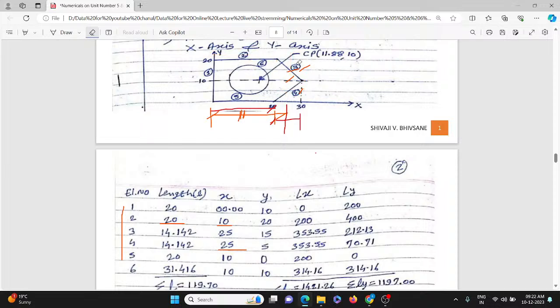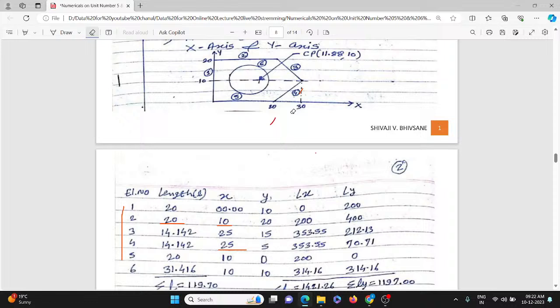Are you getting this or not? Let me know and please comment on the chat box. If you are getting it, type getting. If not, I will repeat the same. Please comment and let me know whether you are understanding this or not, because whatever the geometry, the procedure for calculating the center of pressure is going to remain the same.